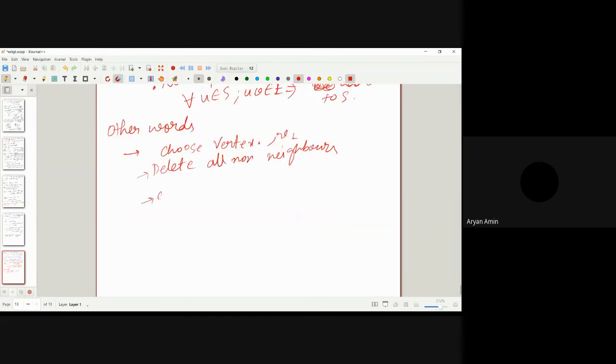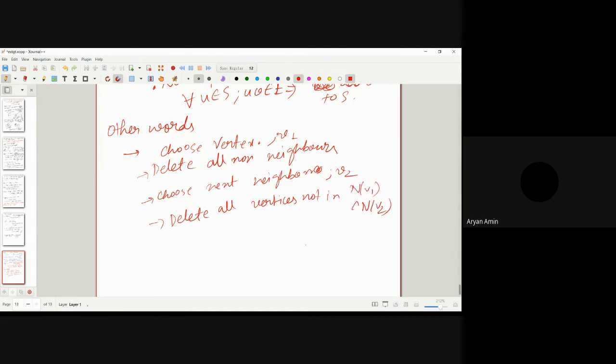Choose the next neighbor in order. Among the remaining vertices, all are neighbors of v1, by the condition. So you choose the next neighbor, call it v2. Next, you delete all vertices not in N of v1 intersect N of v2.